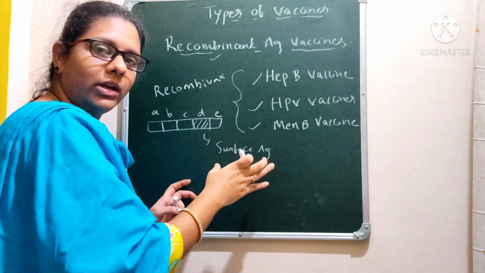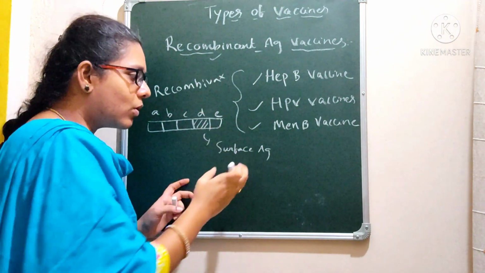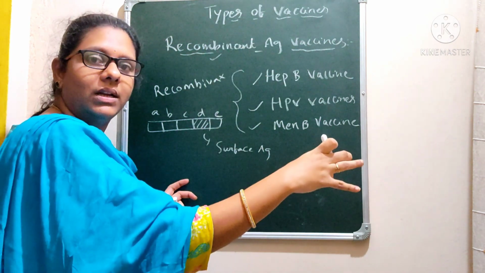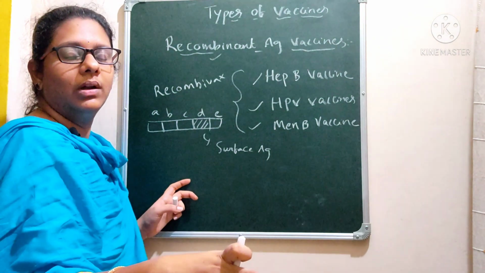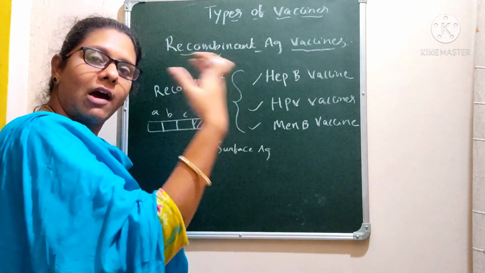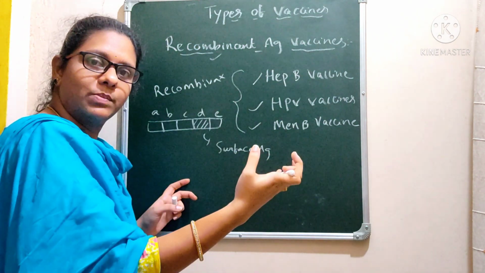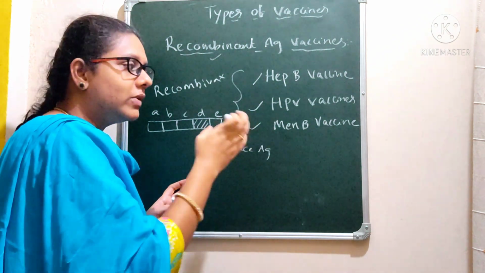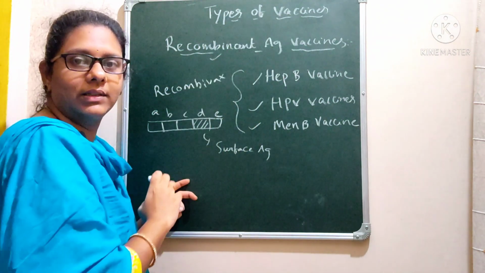We isolate this gene, then introduce it into a vector and then into a host to make multiple copies of this gene. If we have more copies of the gene, what does it indicate? When that gene is expressed, it is going to express the surface antigen, which we utilize for the preparation of recombinant antigen vaccines.